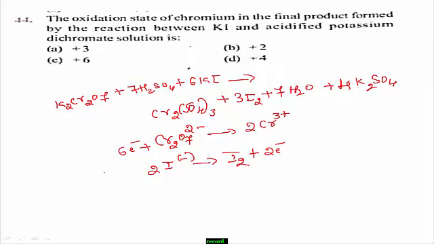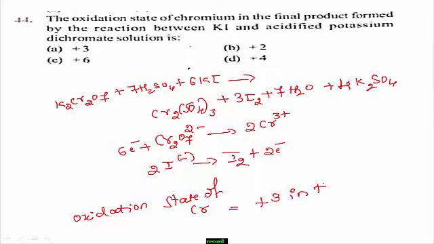Therefore, the oxidation state of chromium is +3 in the product. So, which one is the right answer now? Option A is the right answer.